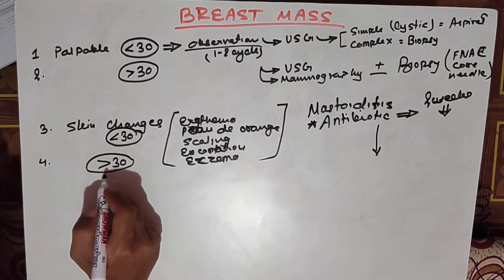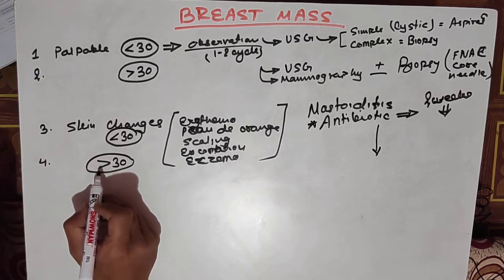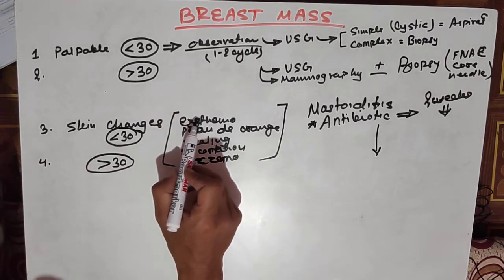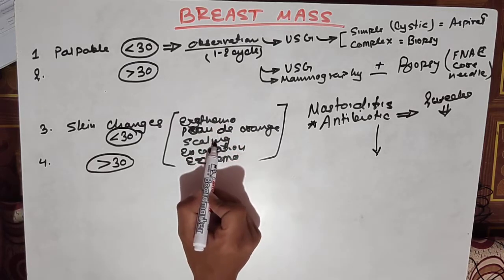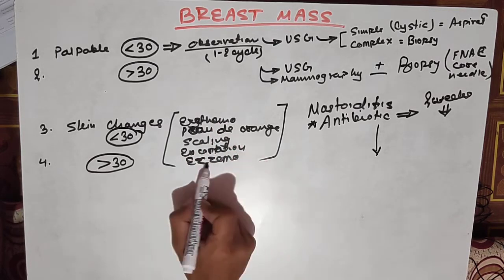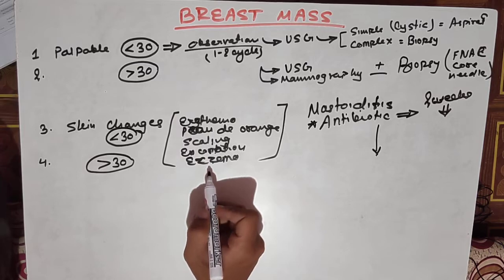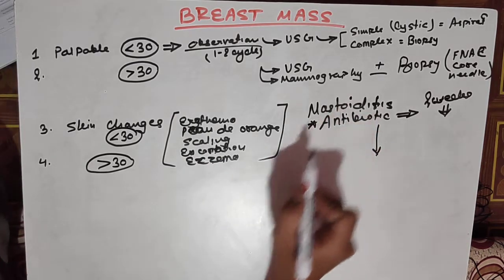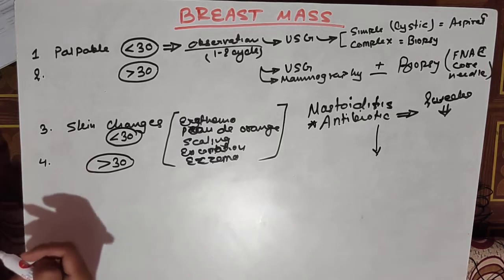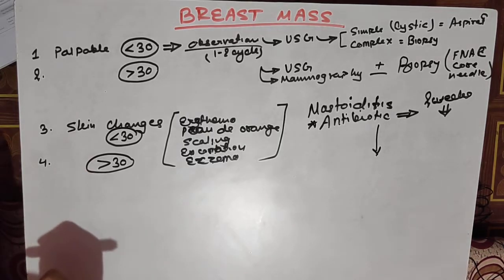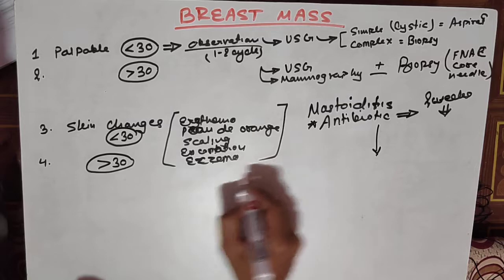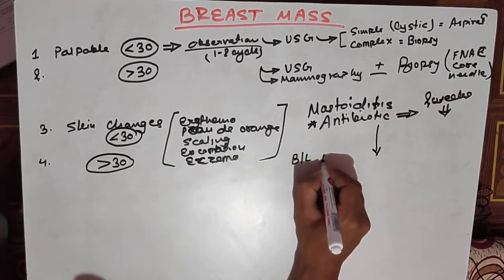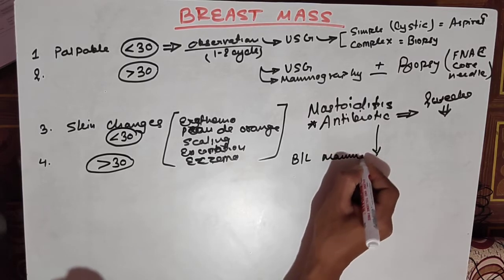Now, if the patient is more than 30 years and she complains of erythema, peau d'orange, scaling, excoriation of the nipple or eczema, then we should not only look for mastitis. It can be mastitis, but according to our protocol, we should perform bilateral mammography. If she is more than 30 years, always go for bilateral mammography.